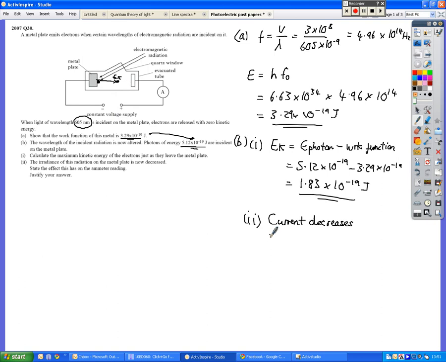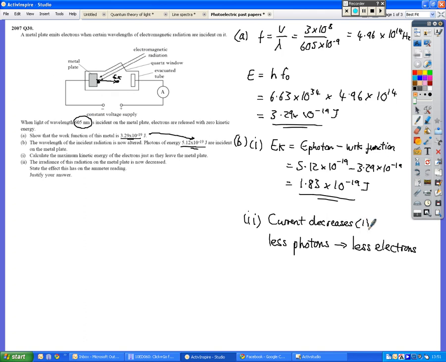So current decreases because you've got less photons, and less photons mean less electrons. Because it's these photons of electromagnetic radiation, one of them will eject 1 electron. So if you reduce the amount of photons that there are, then you reduce the amount of electrons that you produce as a result. So the current goes down.